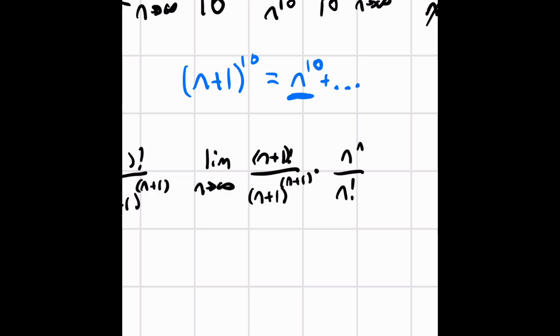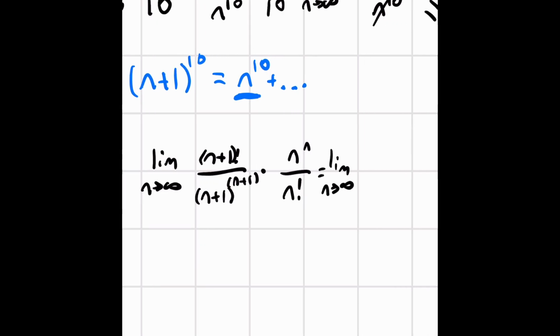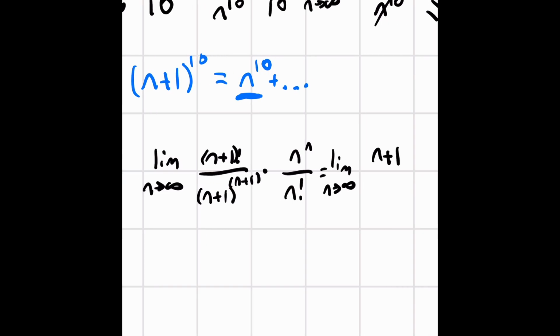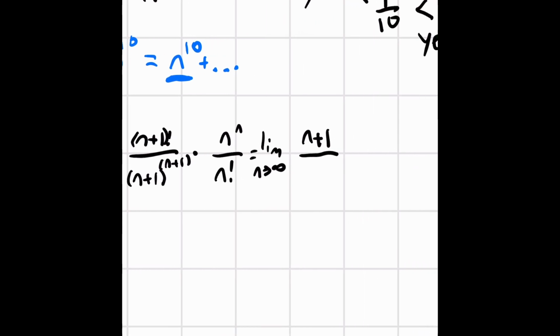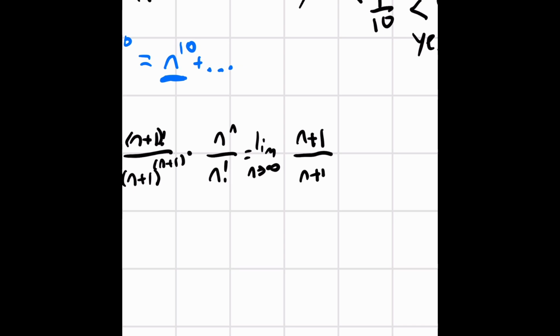And again, the point of this is that the factorial pieces are going to cancel, so we're left with the limit as n goes to infinity. We're left with the n plus 1 on top, but no more factorials, at least. But we are left with the incredibly awkward piece of having n plus 1 to the n plus 1 power, and then an n to the n in our numerator.